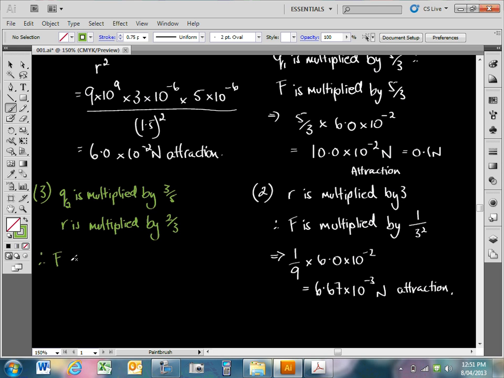Therefore, F is multiplied by 3 on 5 times 3 on 2 squared, which equals 9. 27 over 4 5s are 20 times 6.